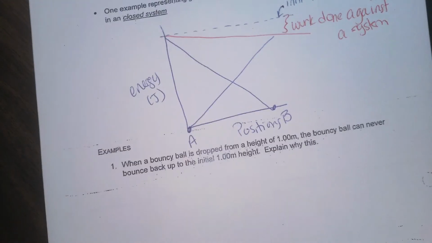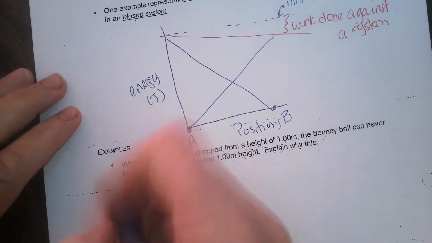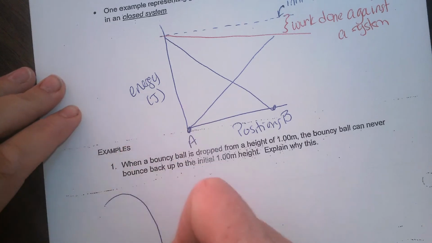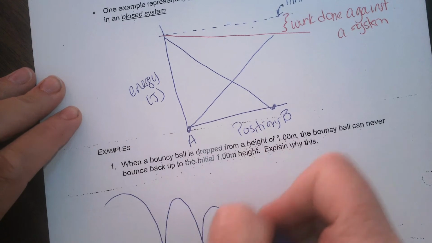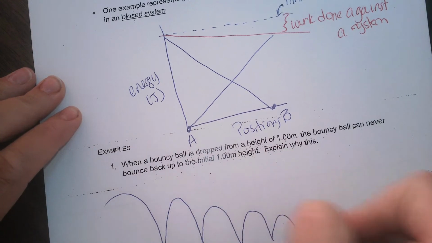Let's look at an example of that. When a bouncy ball is dropped from a height of 1 meter, the bouncy ball can never bounce back up to the initial 1 meter height. What we see is this pattern. Right?